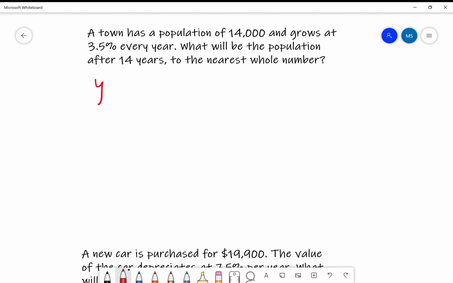So let's start off with our y equals a times b to the x. Let's try to identify those a's and b's. a is the starting value. Well, it has a population of 14,000. That's where we're starting from. That grows, so we know this is a growth idea. So we want to add that 3.5% to 100.